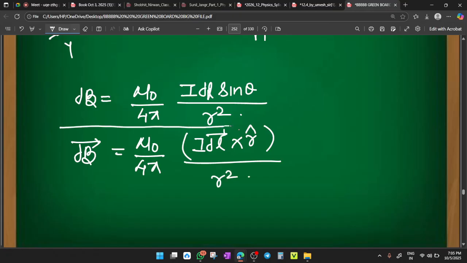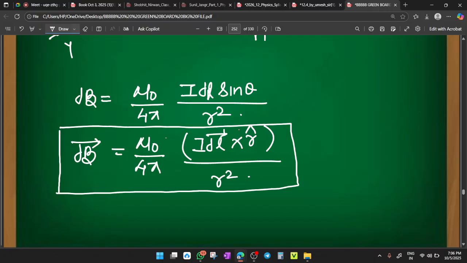Yes, this would be the formula of dB vector. Why? Because dB vector is going perpendicular to the plane of the current element vector I dl and this r vector. So the vector in the direction of r vector is taken as r cap.